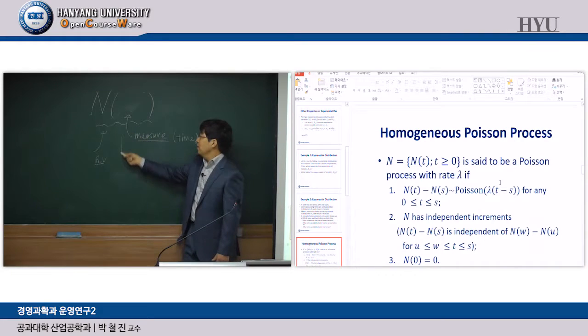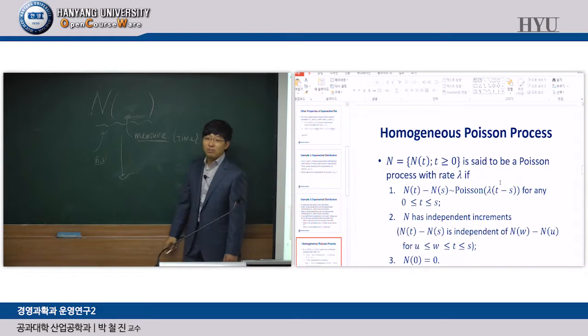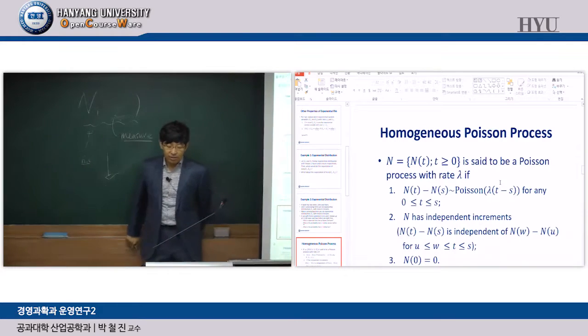After we put the time measure, a range of time, we can come up with a random variable that depends on this time measure. So N of t, large N of t, represents the number of events that occur from time 0 to t.